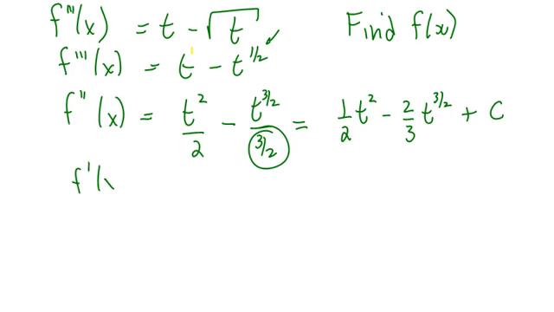So now I want to find the first derivative, so I have to do this process again. Going backwards, this would be t cubed, the half is still there, and then I'm going to divide by 3. Minus 2/3, add 1 to this exponent, so that's 2/2.